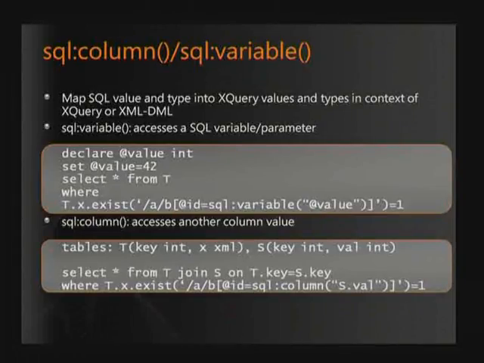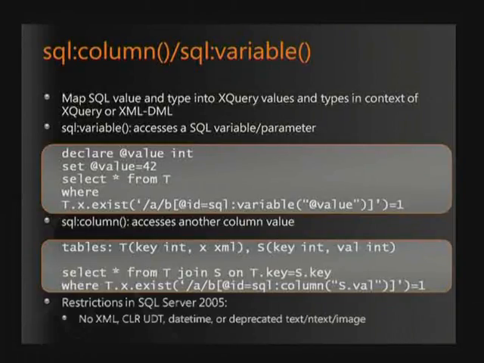So in this case, I do a join between T and S, where I look up that the ID attribute of that same B element is equal to the value of the s.val column in the S table. There are certain restrictions in SQL Server 2005. Actually, in SQL Server 2008, one of the restrictions has been lifted.